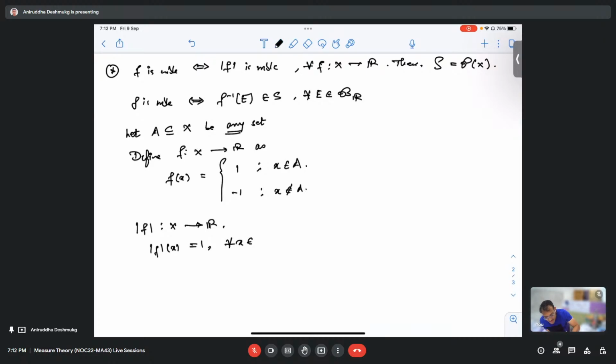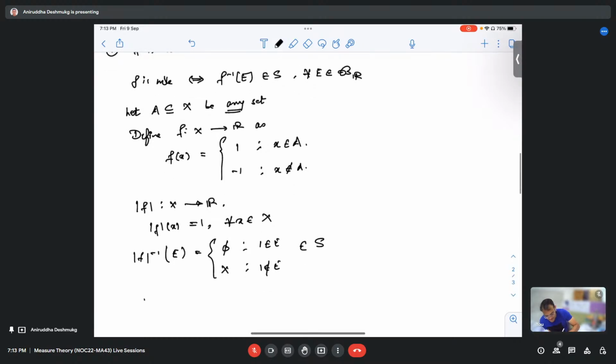Sir, it is a constant function. Yes. So mod f inverse of any set E has only two possibilities, either empty or the whole of X, depending on whether 1 belongs to E or not, which in both cases is inside the sigma algebra S. Therefore, mod f is measurable.